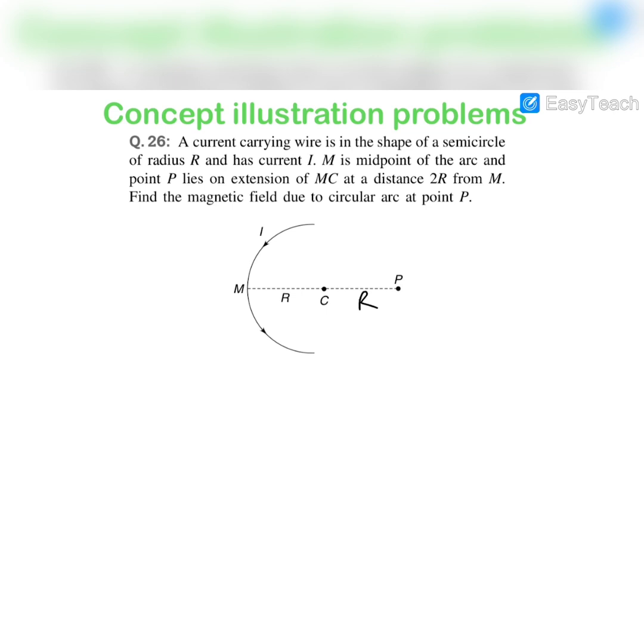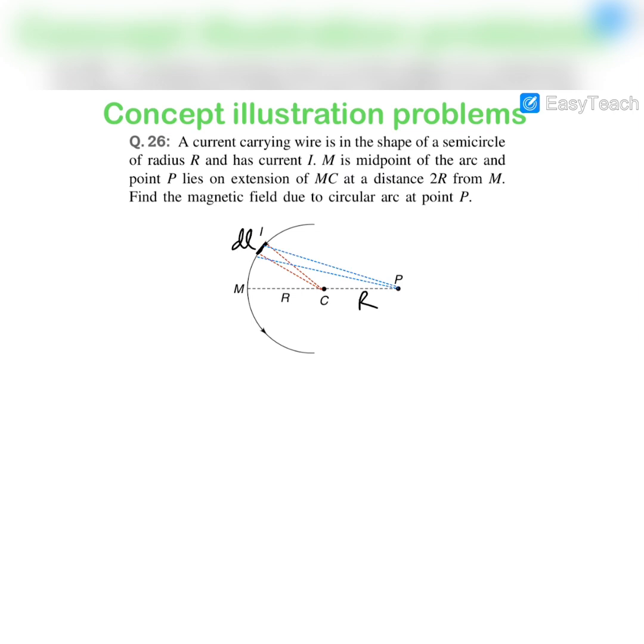So to find out that magnetic field, let us draw two diagrams. First of all, let us assume an element which is of some length dl, and let us join this element from P also, like that.